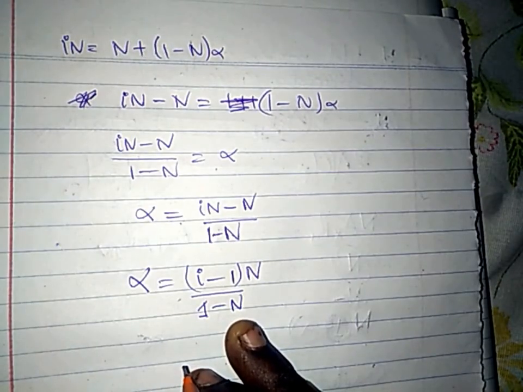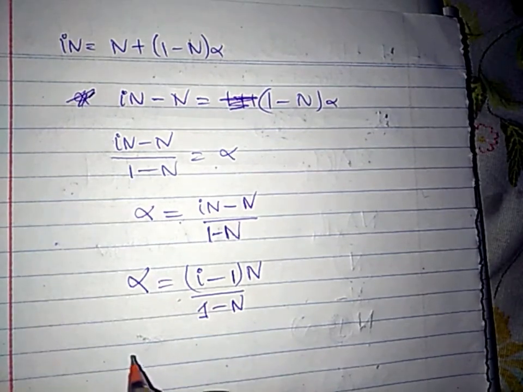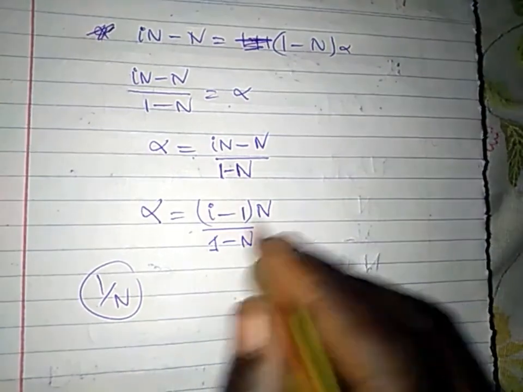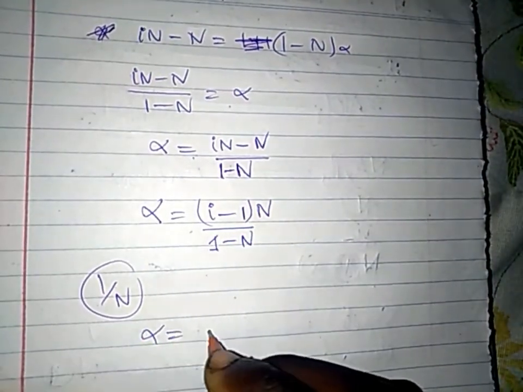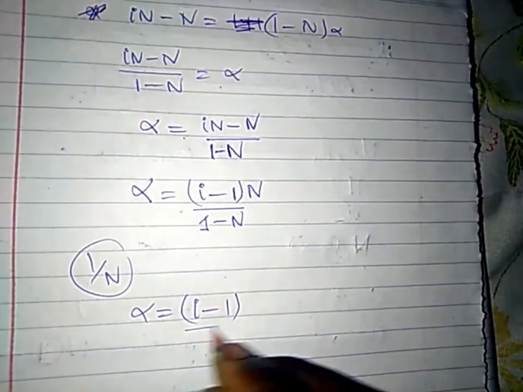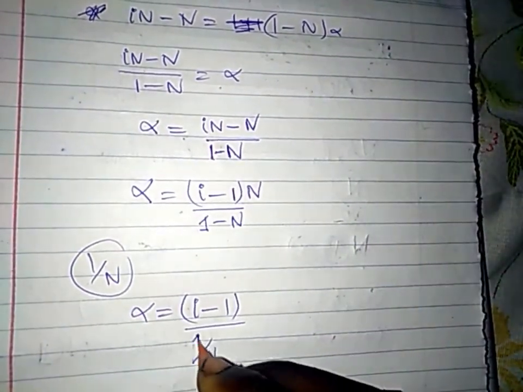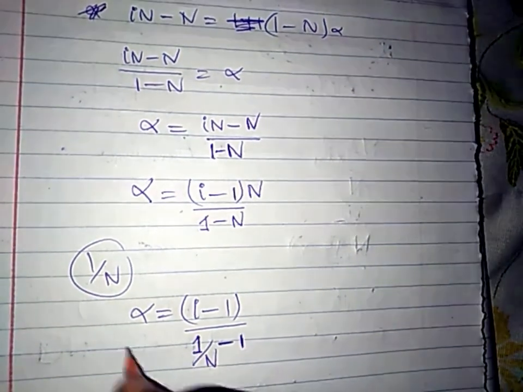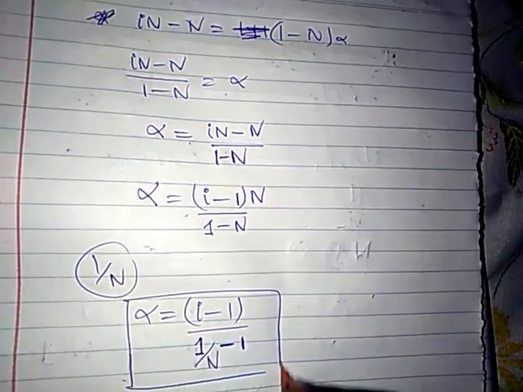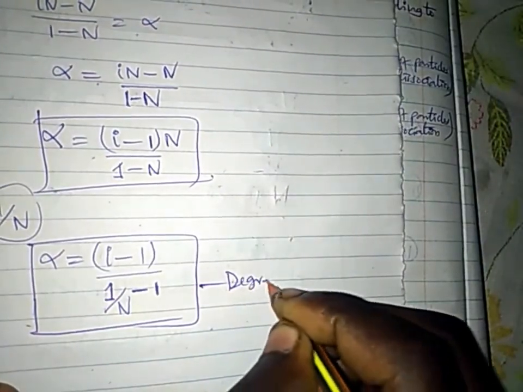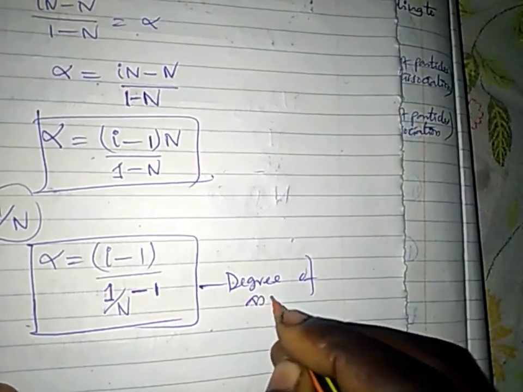Kwa hiyo unaweza ukatimes na hii factor 1 divided by n, ukatimes hapo. Times huku utakuja kupata degree of association is equal to Vantage Factor minus 1, then ukichini utapata 1 divided by n, 1 divided by n minus 1. So either hii equation au hii equation. Hizo ndio equation mbili za kutafuta degree of association.